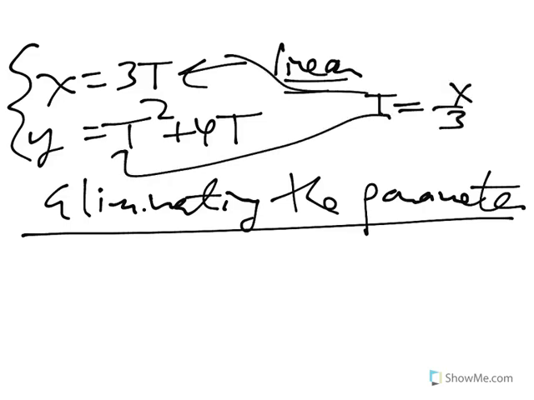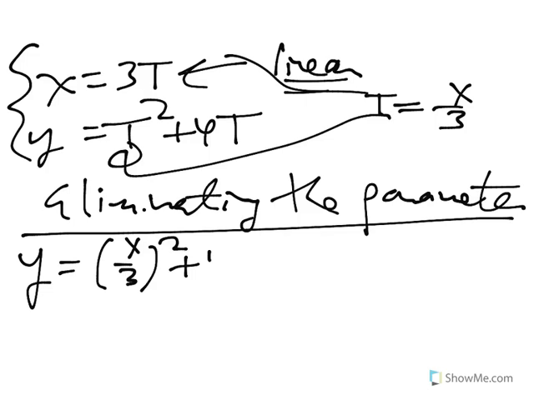Then you can substitute that in place of all the t's in the other equation. And we can see this is actually a parabola.